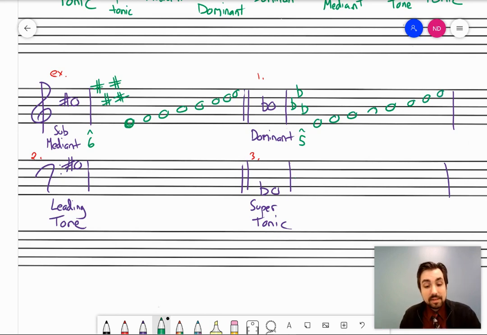Okay. Next one. If G sharp is the leading tone, what is the key in the major scale? Okay, well, leading tone is what scale degree? 7. G sharp is the 7th note of what major scale? A good tip for leading tone is, since leading tone is 7, you know the tonic is a half step above it.